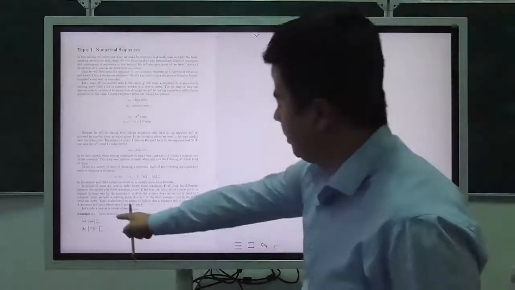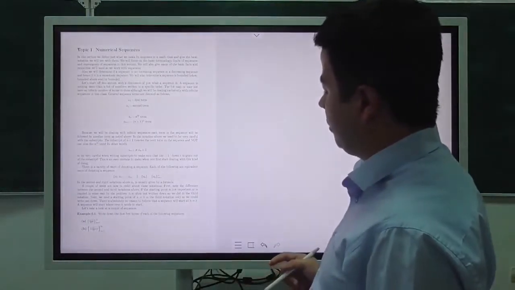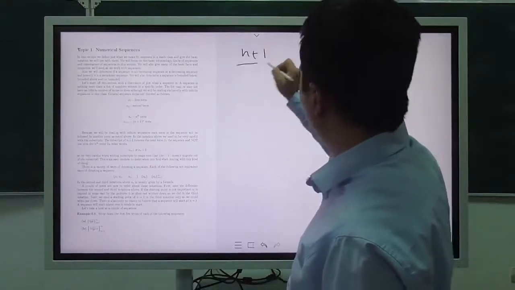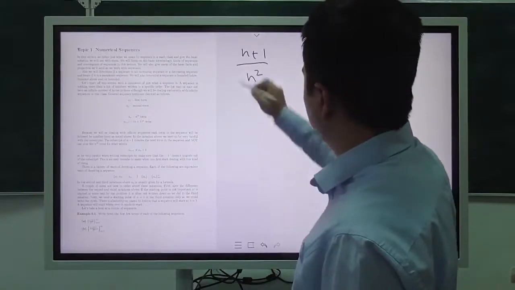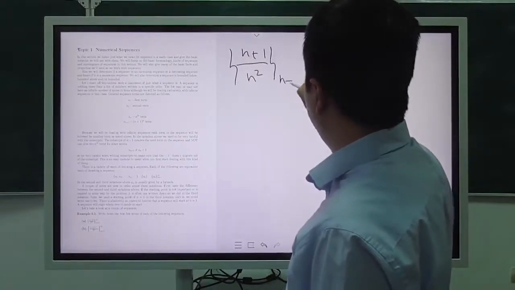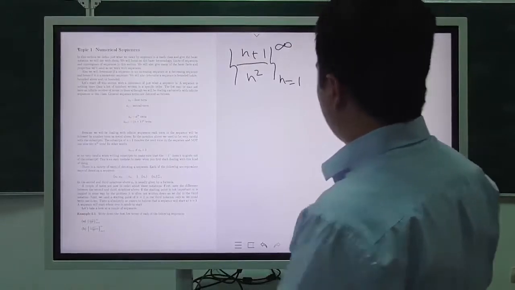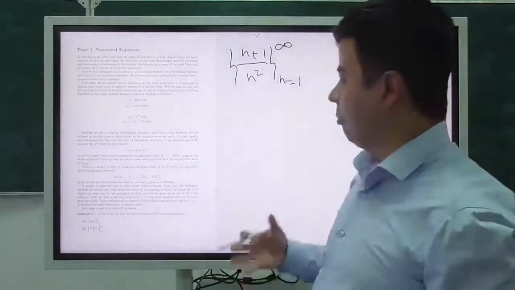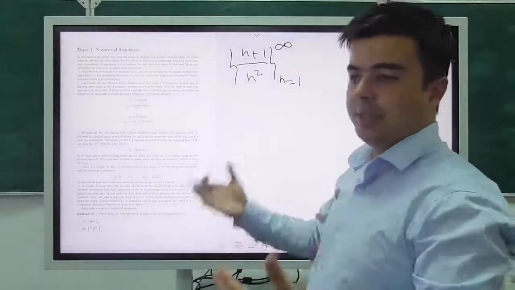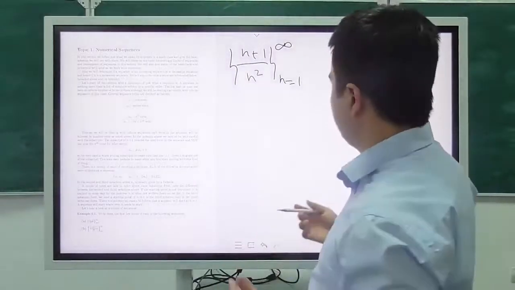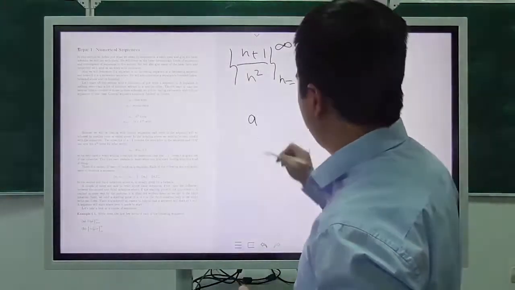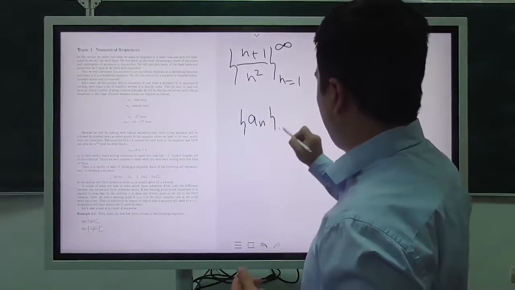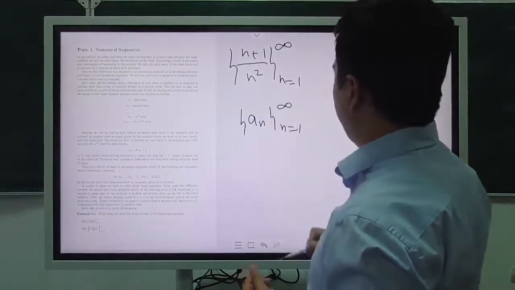Example number 1. Write down the first few terms of each of the following sequences. For example, (n plus 1) over n squared, n equal 1 till infinity. This means n is a natural number. This is the number of the element in this sequence, the number of the term n. So we write in general the sequence in this form: an, n from 1 till plus infinity.